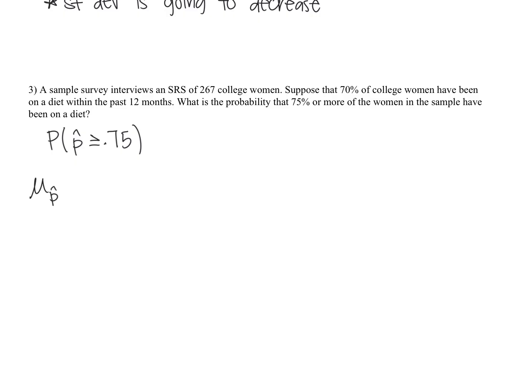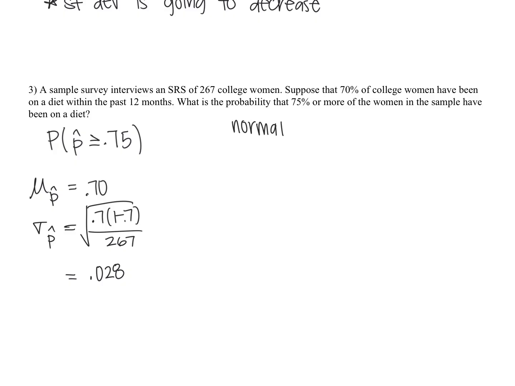So the mean of our sampling distribution is going to be 0.70, and then our standard deviation is the square root of 0.7 times 1 minus 0.7 all over 267, which is going to be 0.028. Then we go to normal CDF.